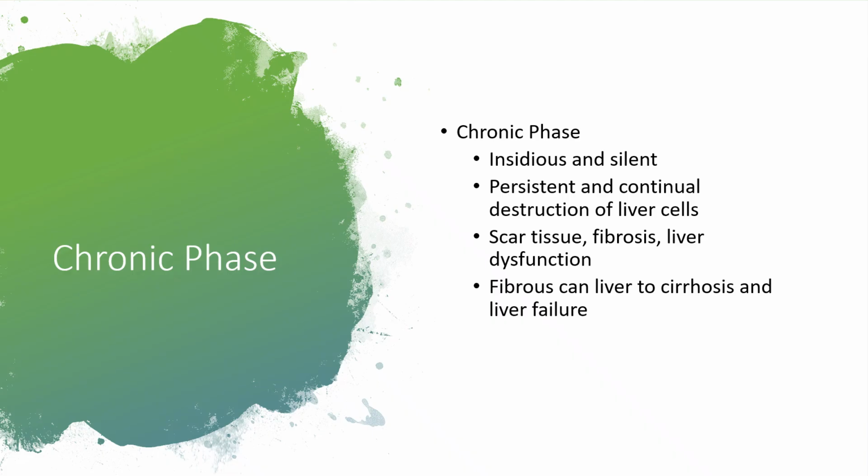This scar tissue interrupts normal blood flow and prevents the liver from working properly. Over time, the buildup of fibrous tissue can progress to cirrhosis, a condition where the liver becomes stiff and permanently damaged. If cirrhosis continues to worsen, the liver may not be able to perform its essential functions, eventually leading to liver failure.